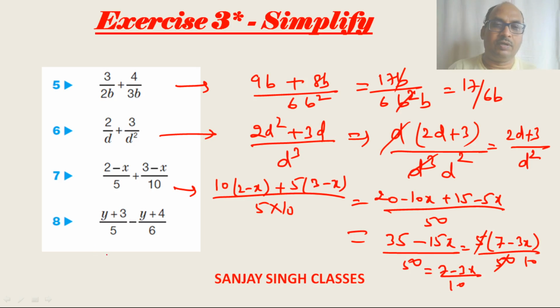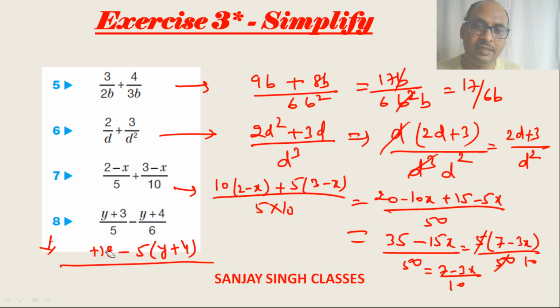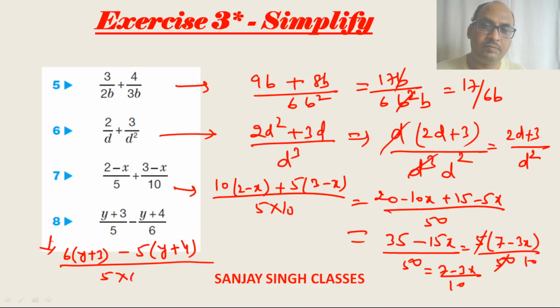Okay, similarly for this question number 8, 6y plus 18 minus, okay, so I will write like this because we may commit mistake. This one also I will write like that only. Okay, 5 into 6. This is giving to us as 6y plus 18.